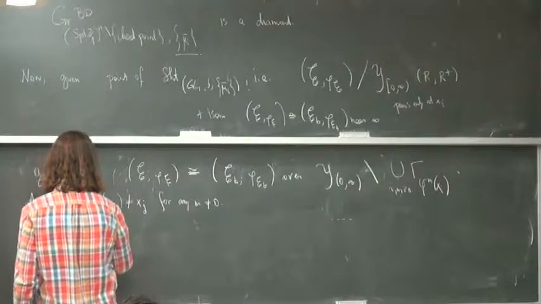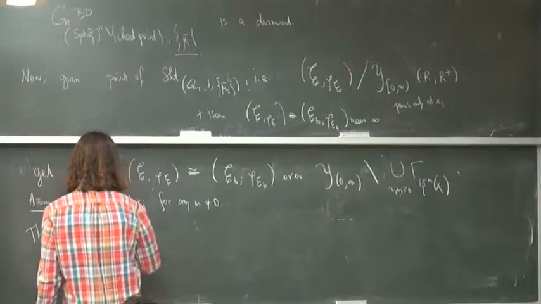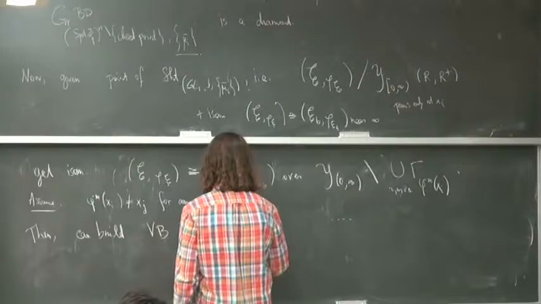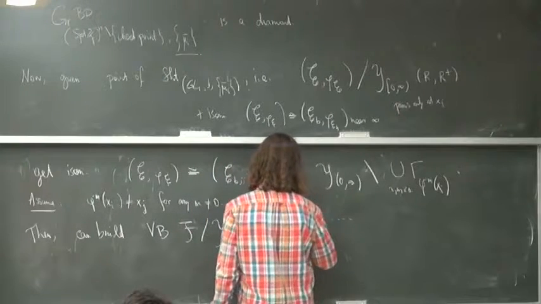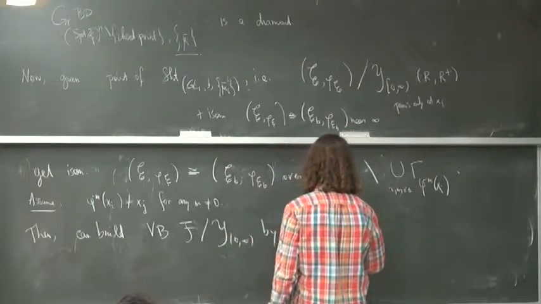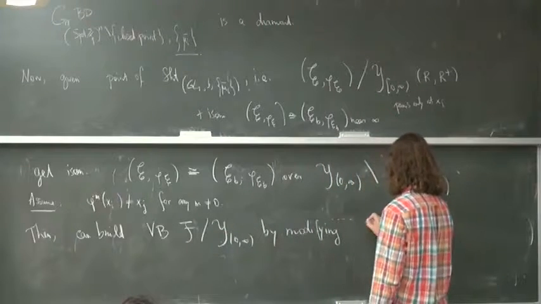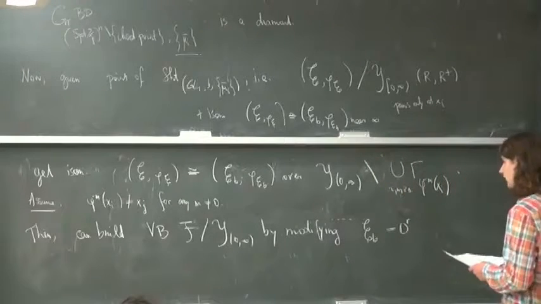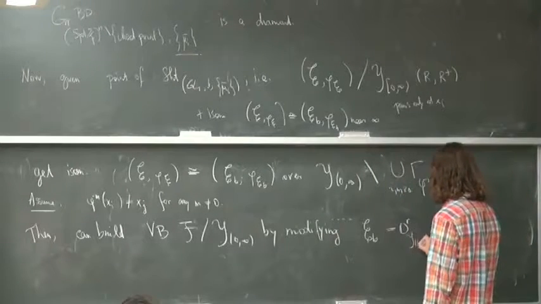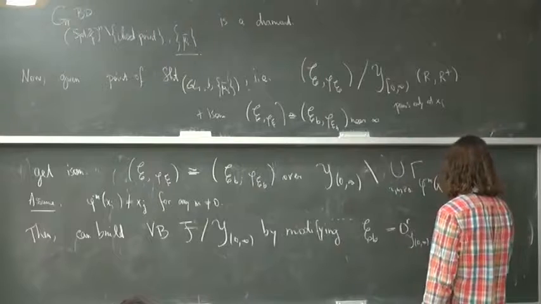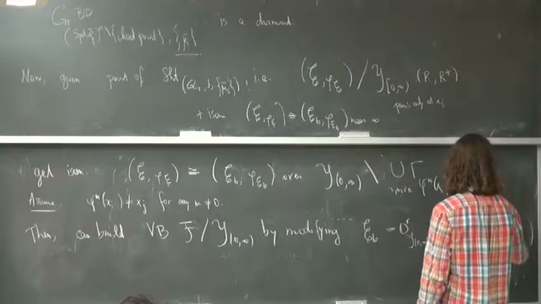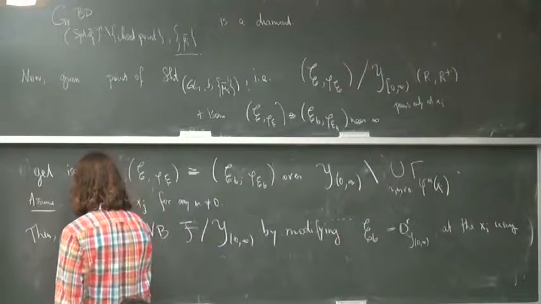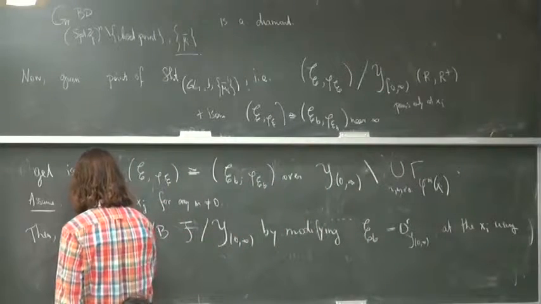Then we can build a vector bundle F over the same space by modifying this guy E_B, which by the way was just a trivial guy, at the x_i using the modification given by E at x_i.